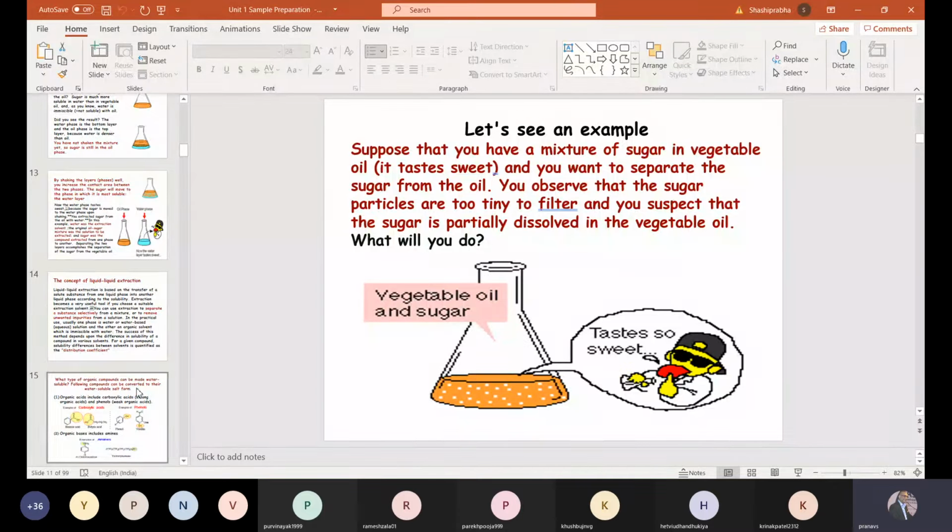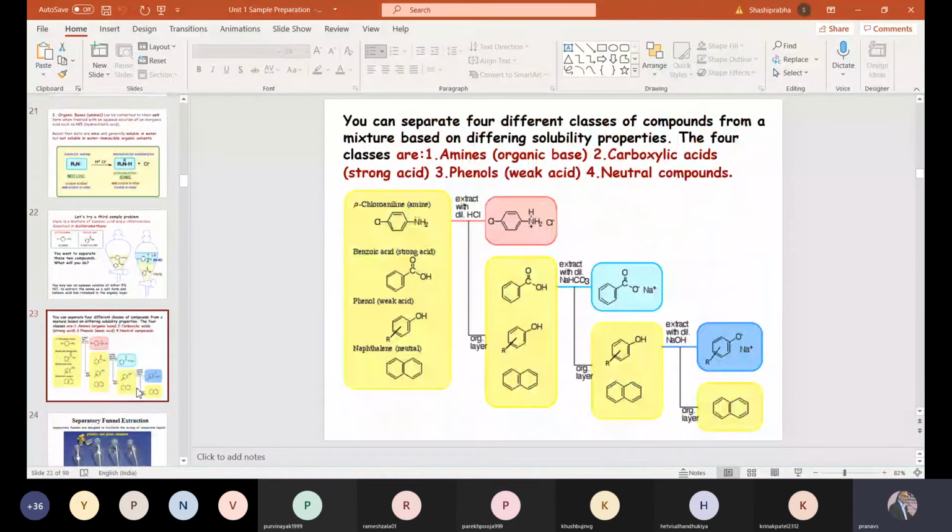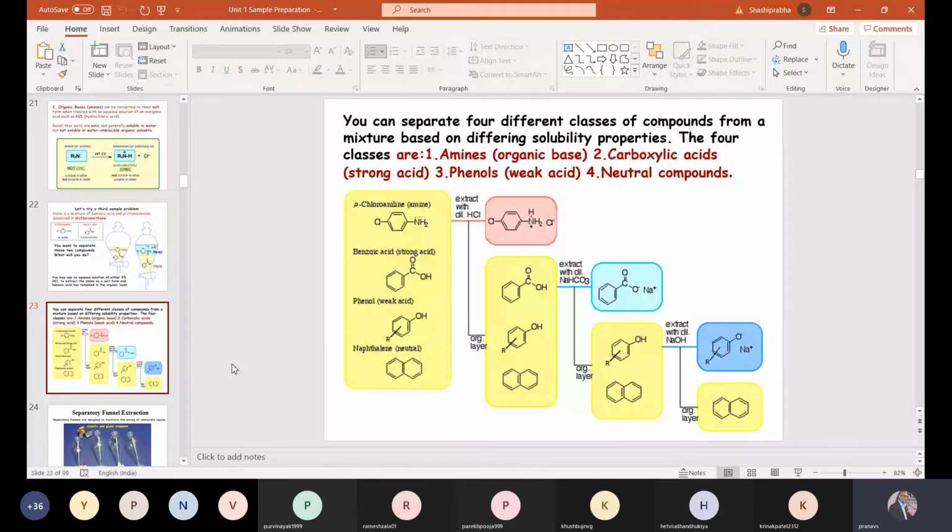And then finally, we just saw how a mixture of all four can be separated using different extraction mediums. When all four, acid, base, phenol, and neutral, are all together, how it can be separated. So that is what I think we reached up till that point.